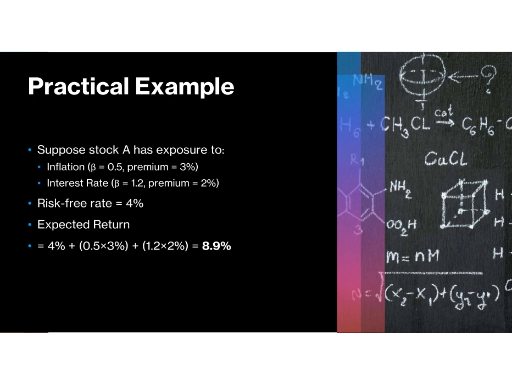To calculate the expected return, we start with the risk-free rate, then add the inflation component, which is 0.5 times 3%, and the interest rate component, which is 1.2 times 2%. Putting that all together, the expected return for stock A comes out to 8.9%. This shows how different exposures to factors contribute to the overall return investors might expect.